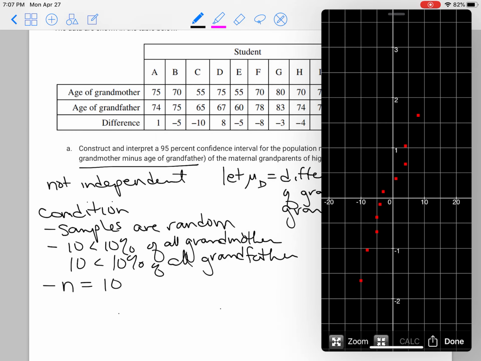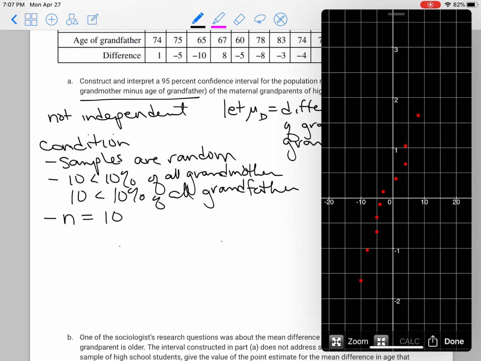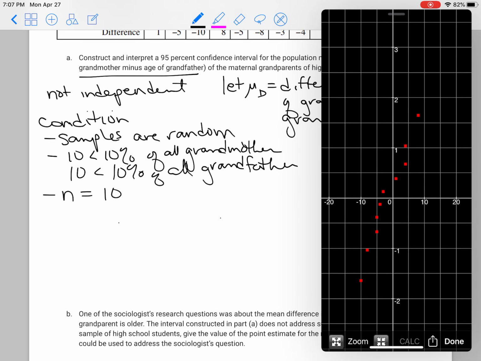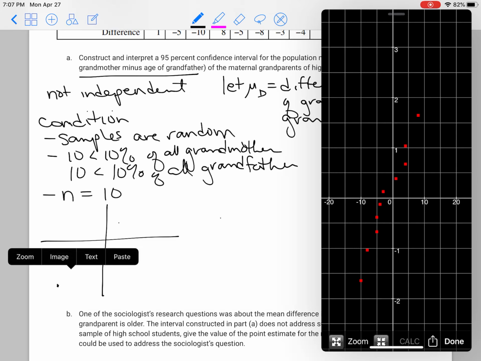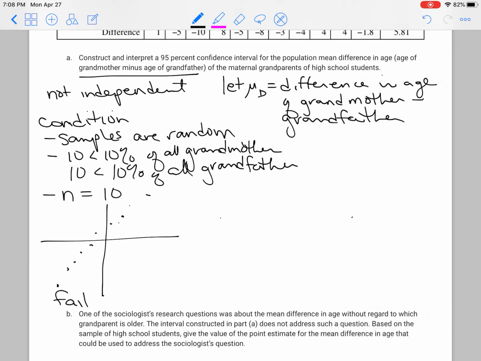Okay, and that looks fairly straight. So now we're going to sketch that on our paper. This is just plotting the differences, and that is fairly straight. We do need fairly linear.